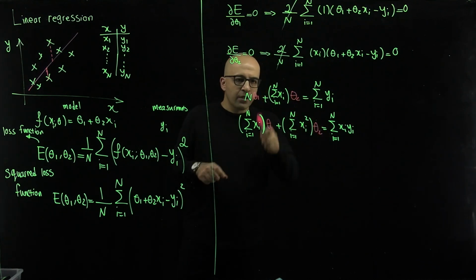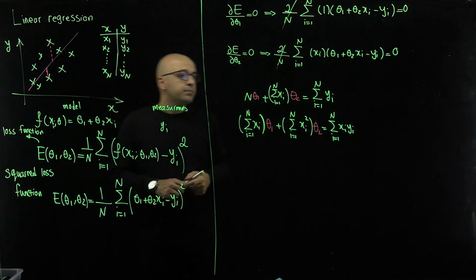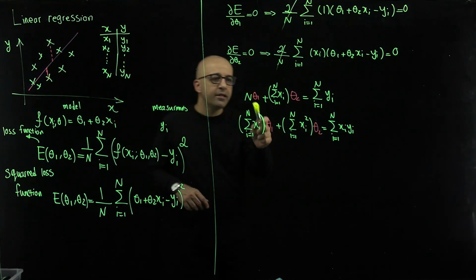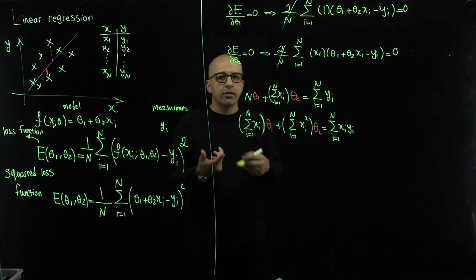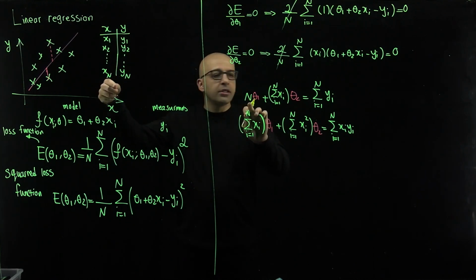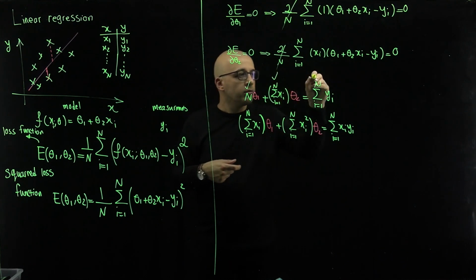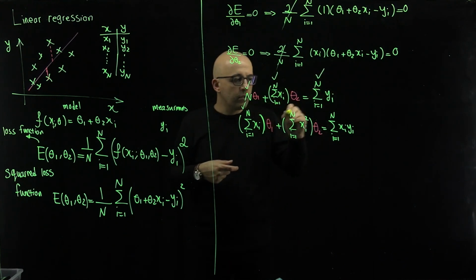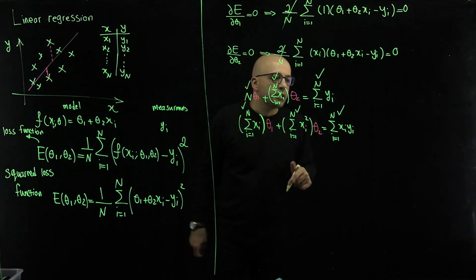So everything in this pink color is unknown. Everything else in the green color is known. So once you have the data set, you know n, you know how many data points you have, you know all the xi and yi. So all these terms are known. Okay, so the only things that are not known are theta 1 and theta 2.